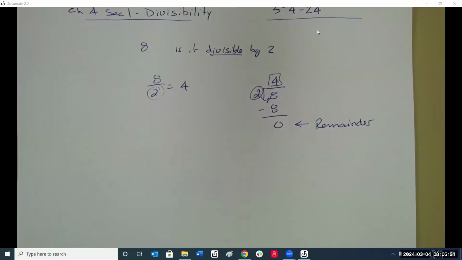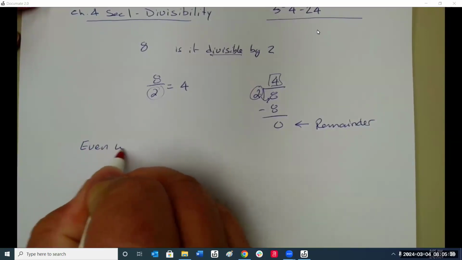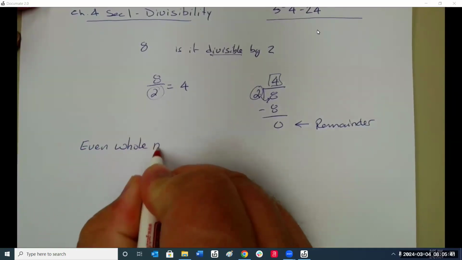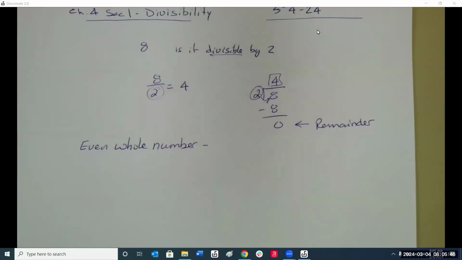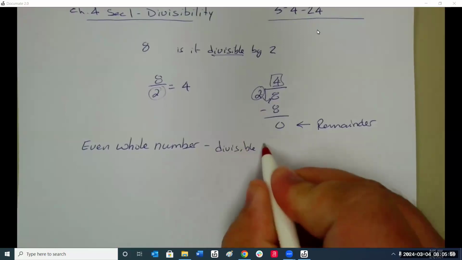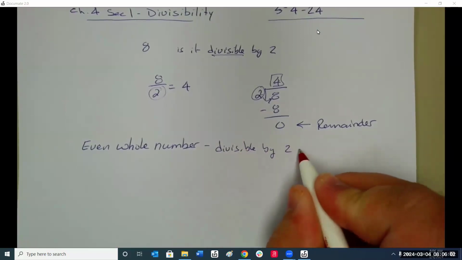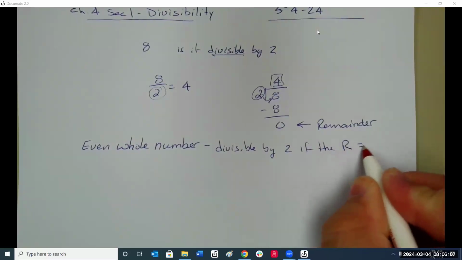Like on the sheet I gave you, on the very top. An even whole number. What is an even whole number? An even whole number is divisible by 2 if what happens? If the remainder equals 0.